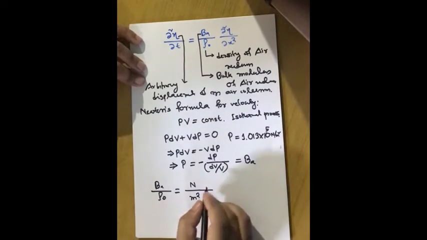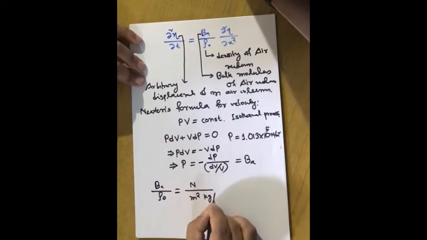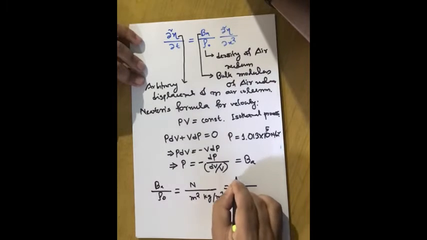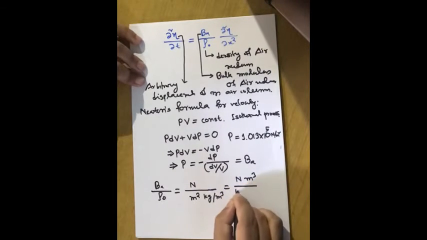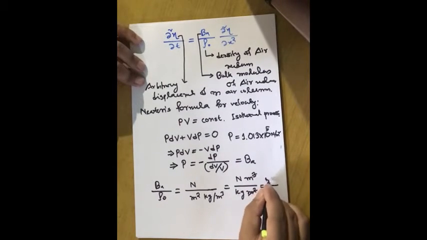The density unit is kilogram per meter cube. So we get newton meter cube divided by kilogram meter square, and these cancel out, so it will be newton meter divided by kilogram.